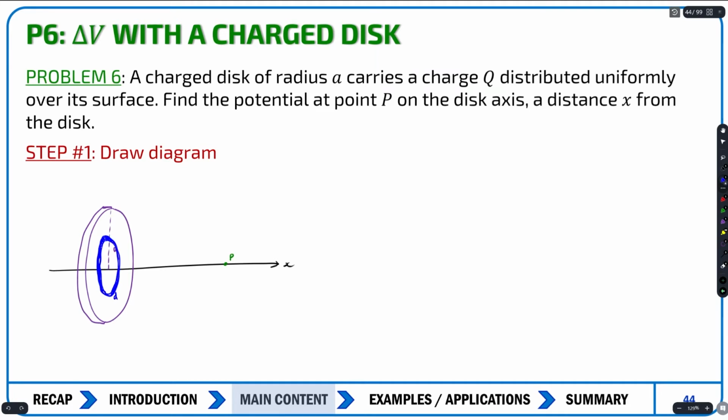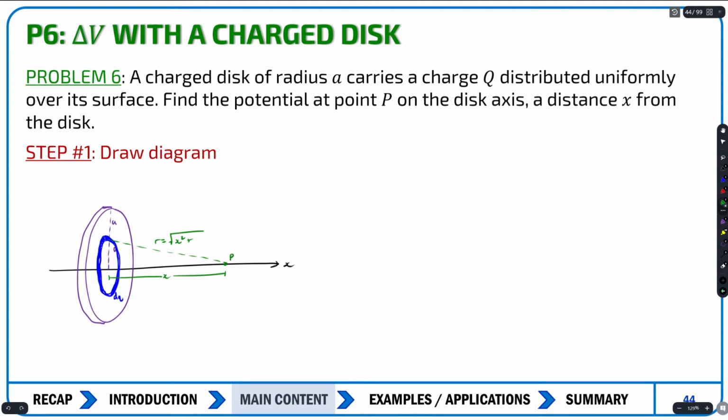So this is dq. We'll just relabel this as radius of A. And so point P is going to be a certain distance away. We know that R is going to be equal to the square root of x squared plus... So now this is a little different, even though this will be x no matter what.